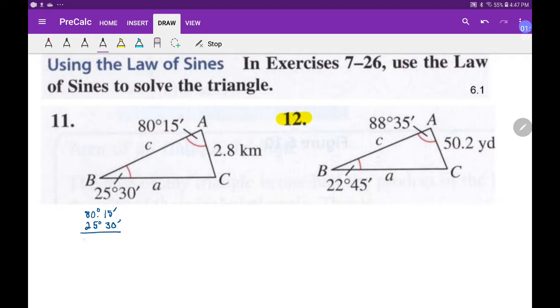That's going to add up to 105 degrees and 45 minutes. Okay, well, 45 is out of 60, so what's left?